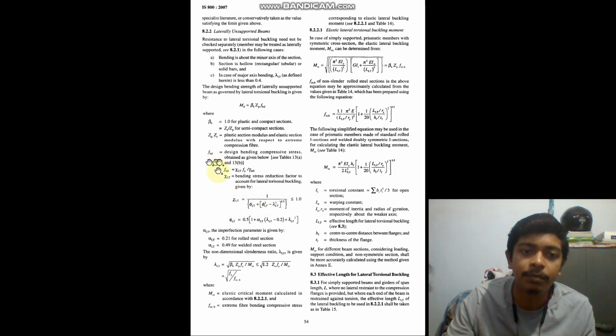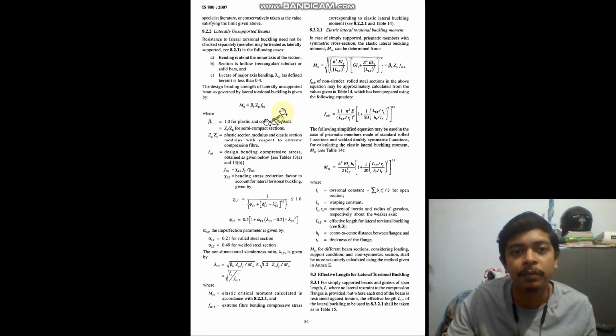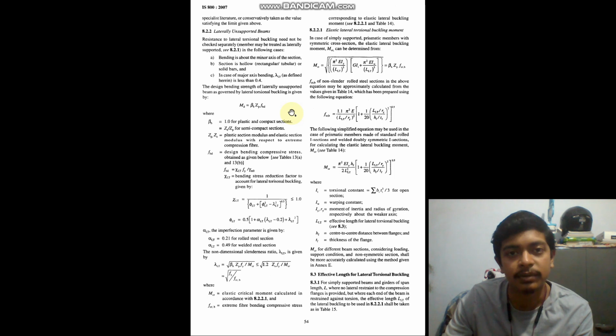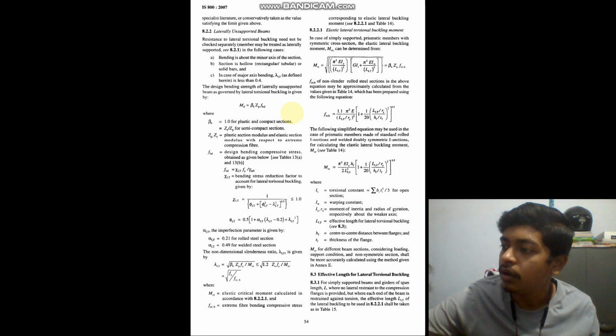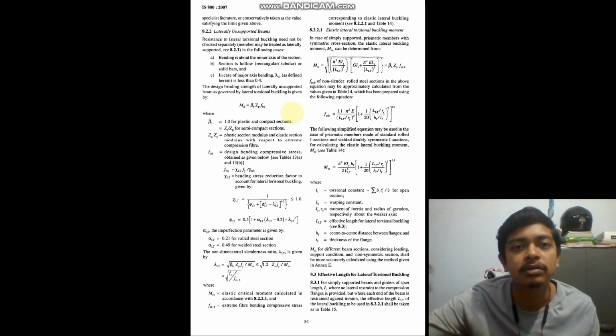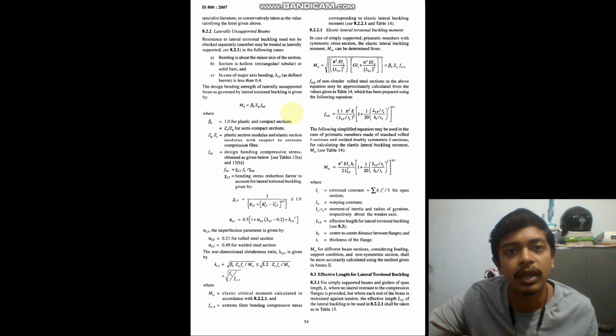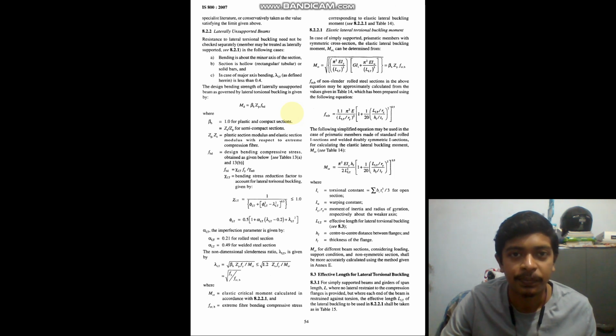From there you calculate Fbd, which is design bending compressive stress, and if you put everything together here, you obtain the moment carrying capacity of laterally unsupported beams, right? So this is all about how to calculate moment carrying capacity. In the next video, we'll be discussing shear strength, how to calculate shear strength, and obviously low shear and high shear conditions. Okay.